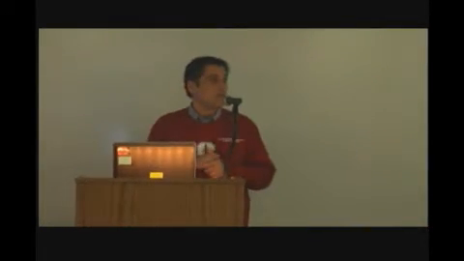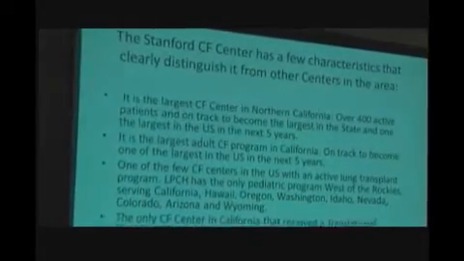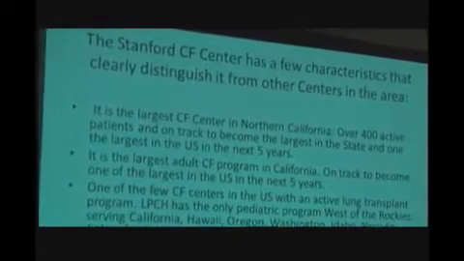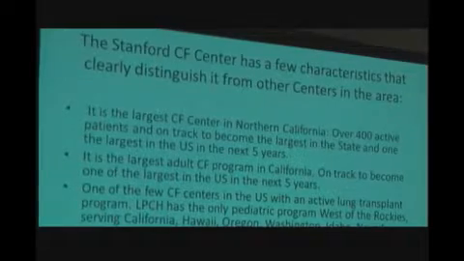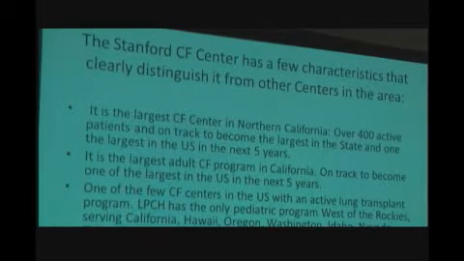As you probably well know, our center has a number of very interesting features compared to the network of centers, not just in California, but across the US. There are about 115 CF centers in the US, and 15 by my last count in California. There are a few things that I'm highlighting on this slide that really distinguish us.